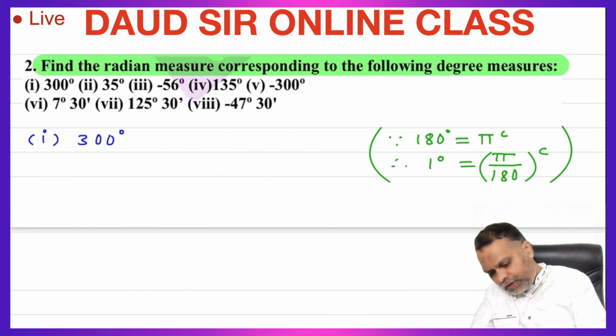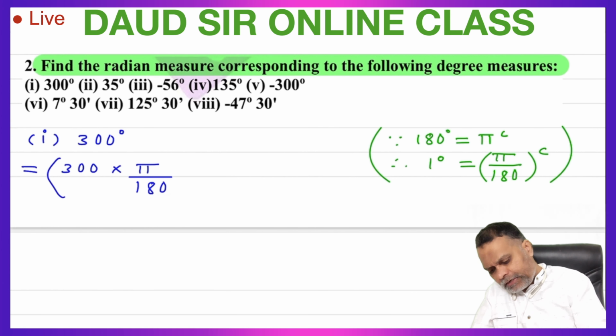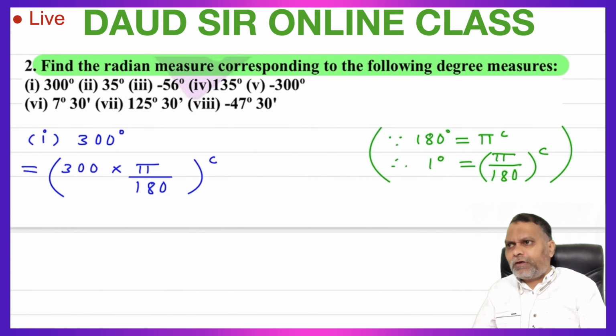So 300 into pi by 180, this much radian.